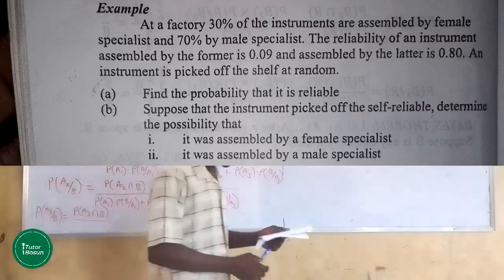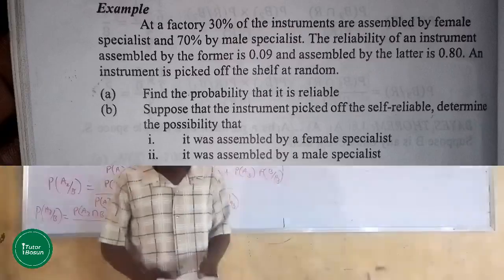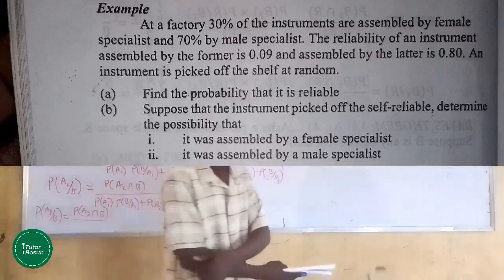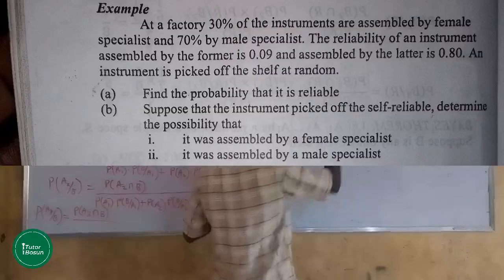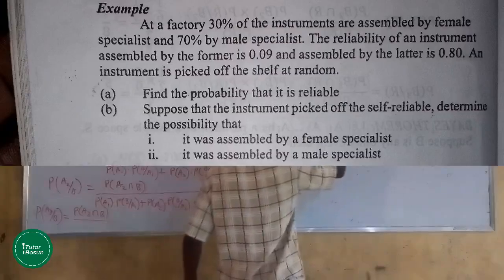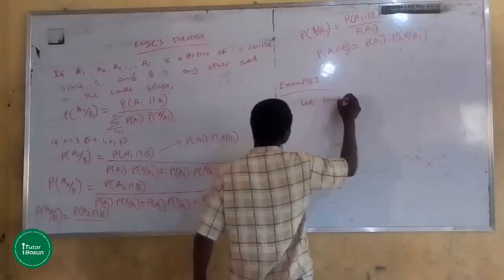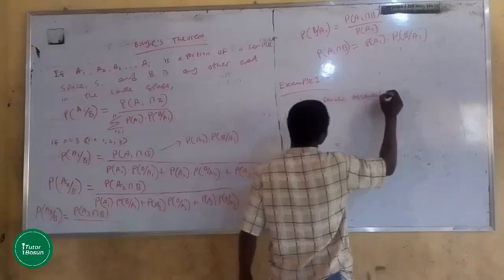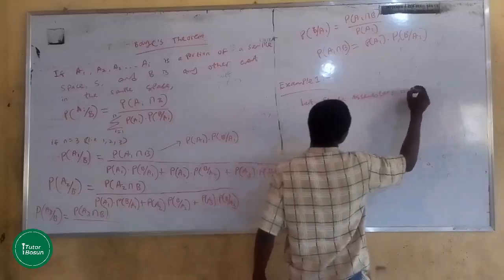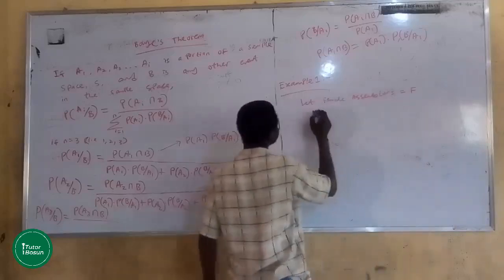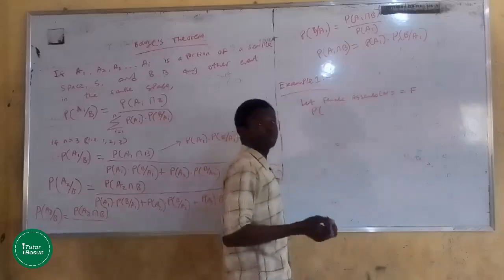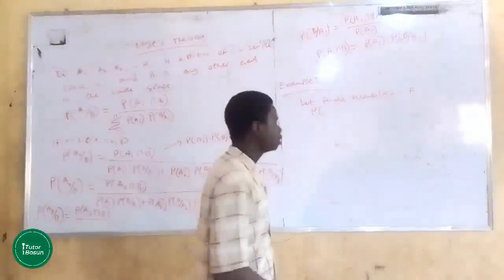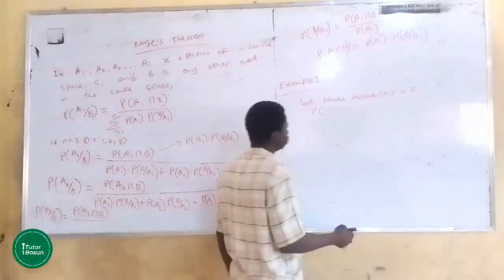So let's represent female specialists by F. So we can say, let the probability of female assemblers or specialists equal F. The percentage is the same as probability, because a percentage is divided by 100, so we just convert that to a fraction or decimal.